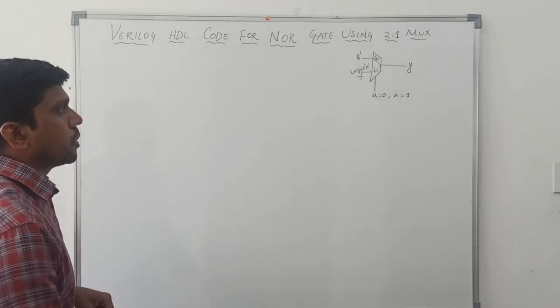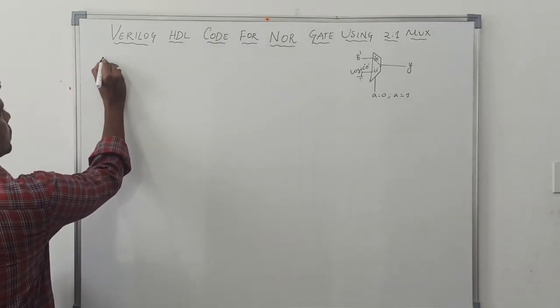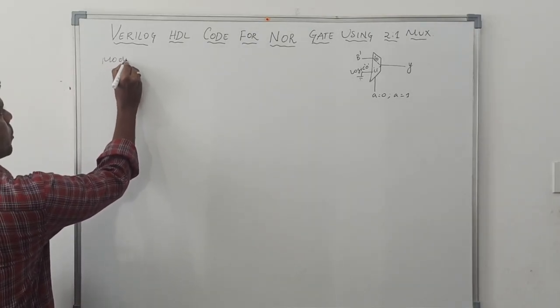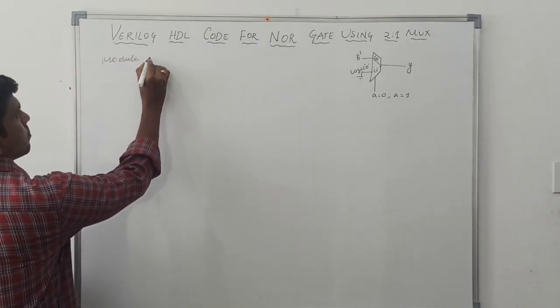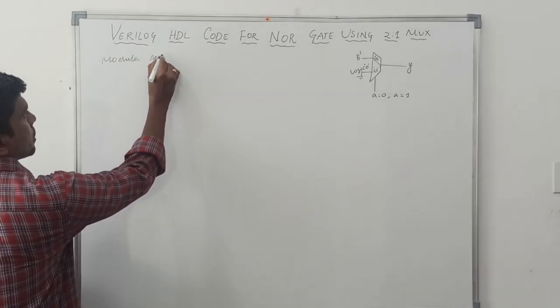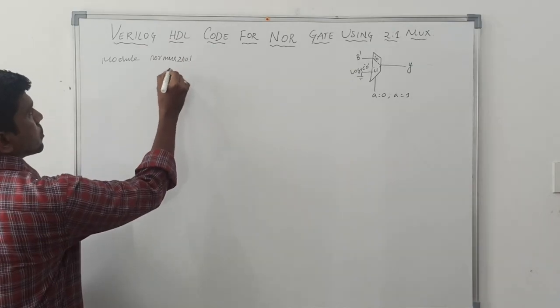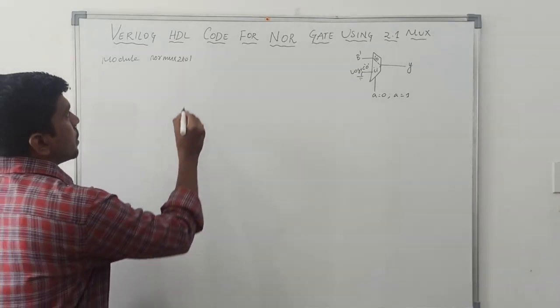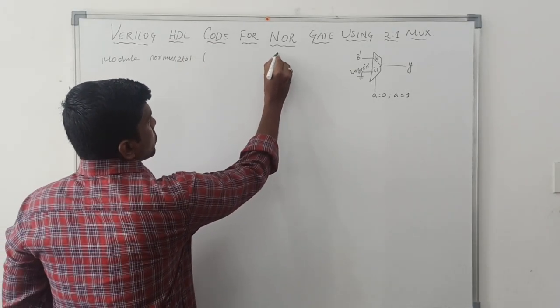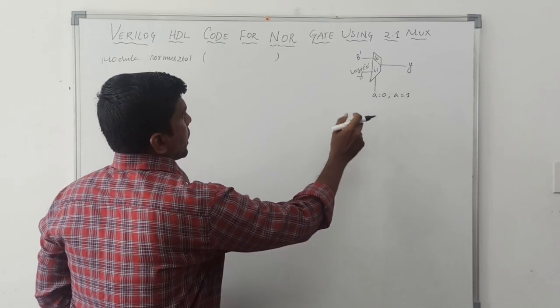Now I am going to write the Verilog HDL code. First you write module, then the module name NOR mux 221, within brackets. What are the variables used in this diagram?